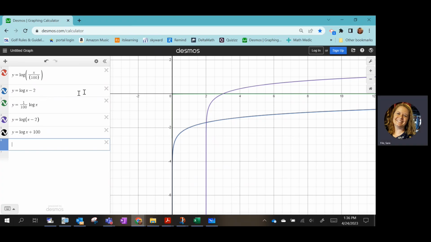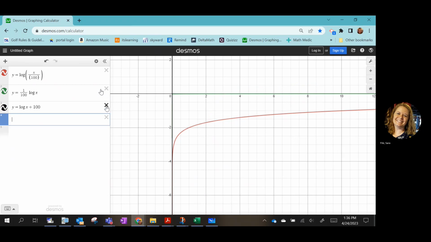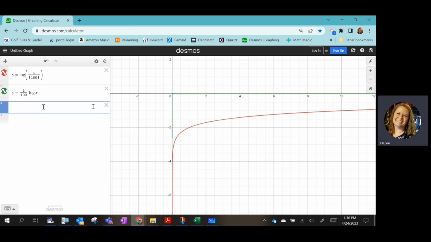Okay, let me get rid of the shift ones so we can look at just those. Oh, you're talking about the one that was not one of the answer choices. I'll put that in and let you see. So that is the multiplying by the 100.